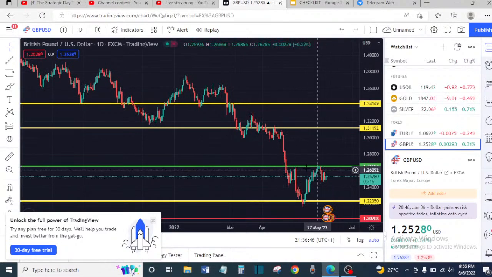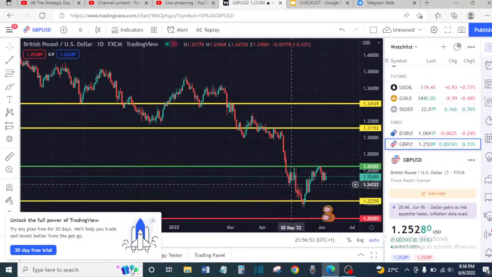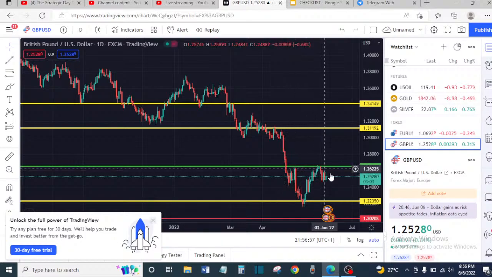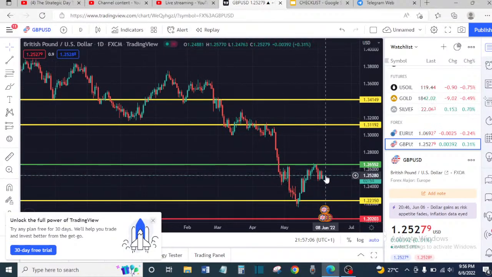The reason why they are carrying out this function is that normally they could have gone straight up, but they needed liquidity. That's the reason why they needed to consolidate the market, so that they can get enough liquidity to move the market upward. That is the essence of why they are consolidating this market here.